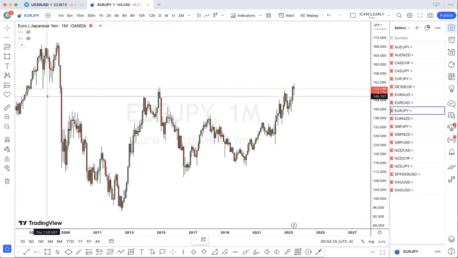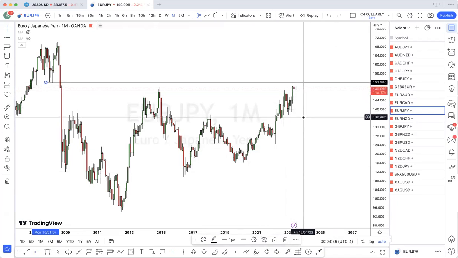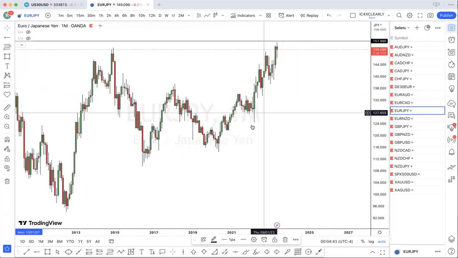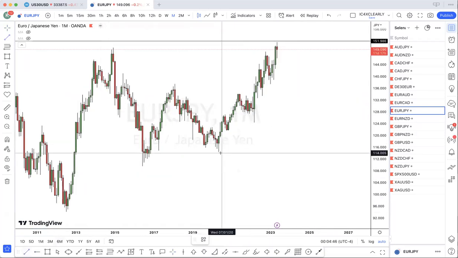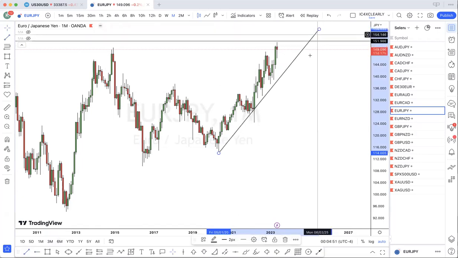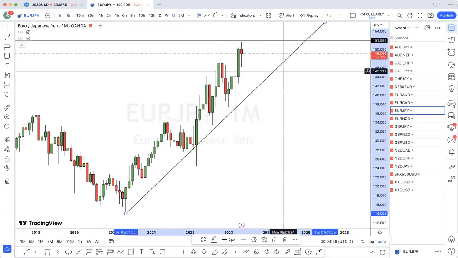So I would suspect that price, based on price action, is going to tap into this zone and then give us a sell back down. Now, price is currently bullish for these pairs, for the JPYs. So this could be just a sell back down to close this imbalance.